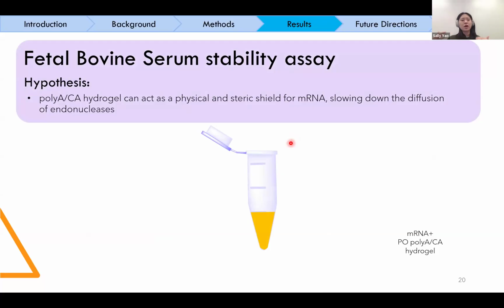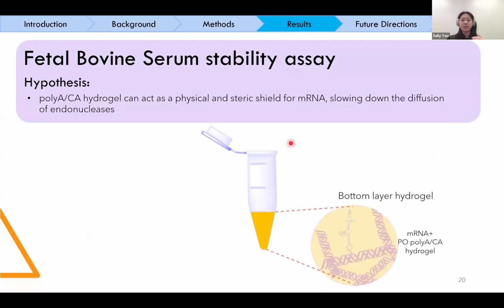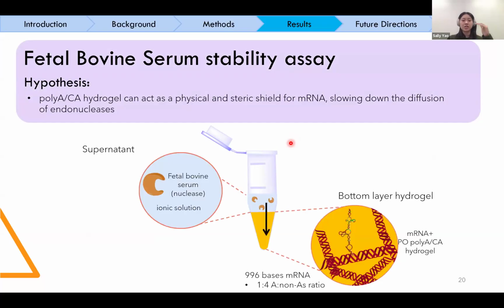So it makes sense for us to incorporate mRNA not only into the fiber, but into our polyCA hydrogels, where we envision the polyCA hydrogels can act as a physical and steric shield for mRNA and can slow down the diffusion of the endonucleases that were initially in the supernatant. So the bottom layer is the hydrogel incorporating the mRNA, and the supernatant is the source of nucleases.